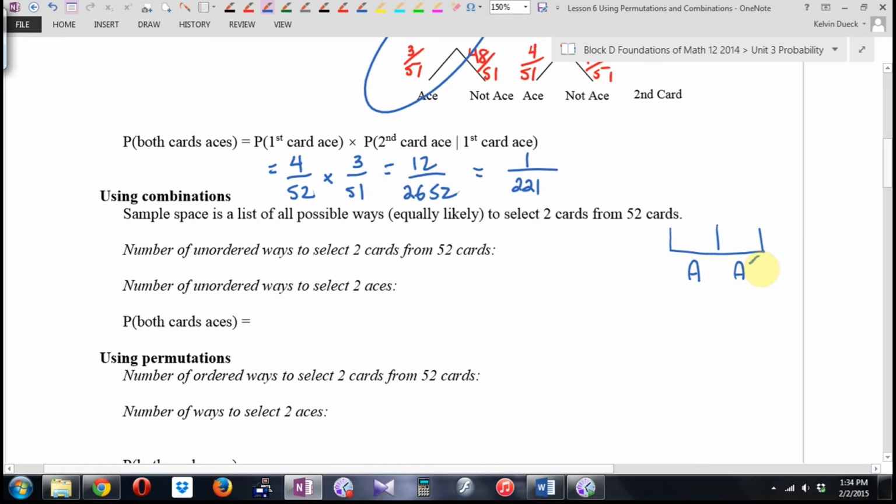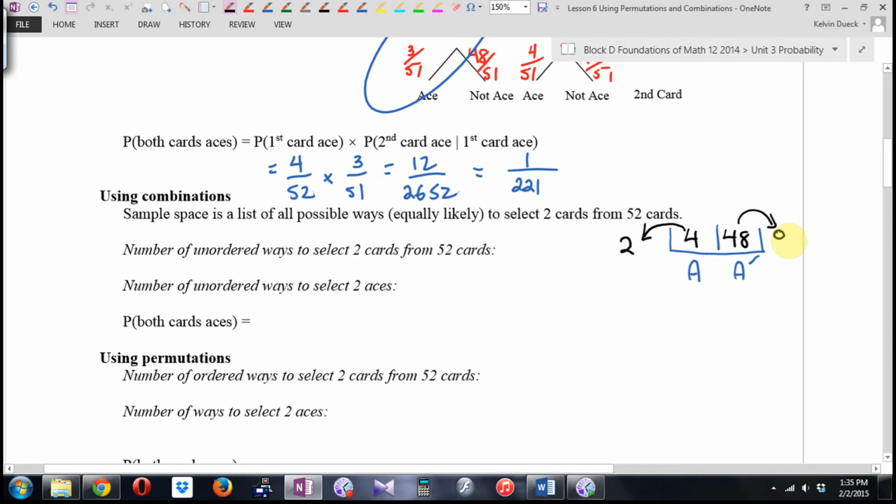Remember this from last unit. How many aces are there in the deck grand total? How many non-aces? Now, for this particular situation, how many aces do you want to choose? How many non-aces do you want to choose? It's a trick question. None?